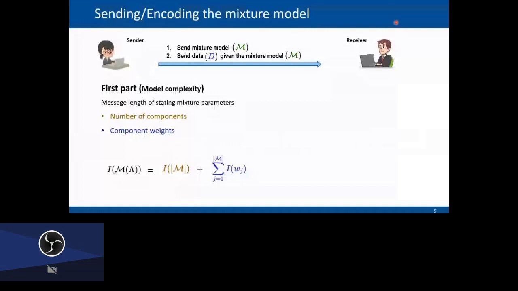So here, in order to understand the functional flow of this search algorithm, let's assume that we are at an intermediate stage of this algorithm. At this stage, we have a k component mixture. Initially, this k was equal to 1. And for each of these k components, we execute these three operations called split, merge, and delete.